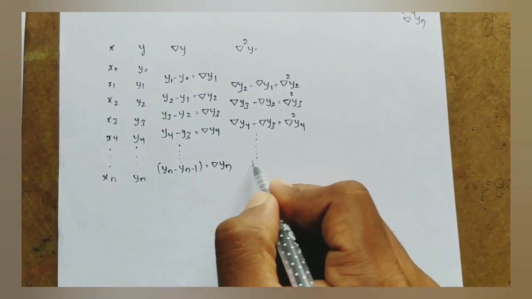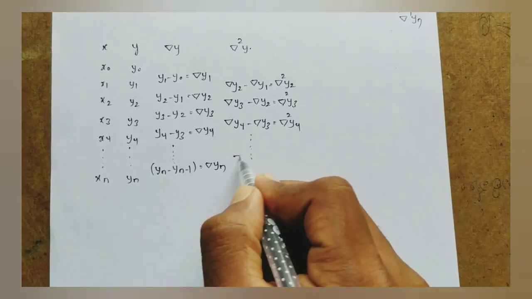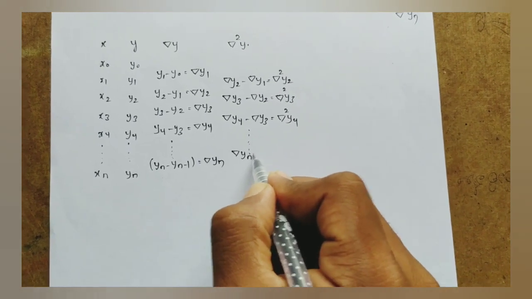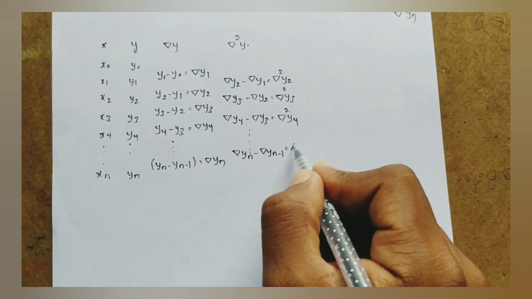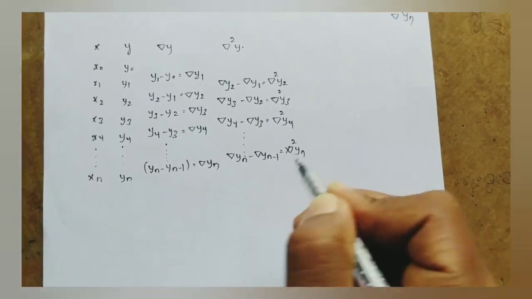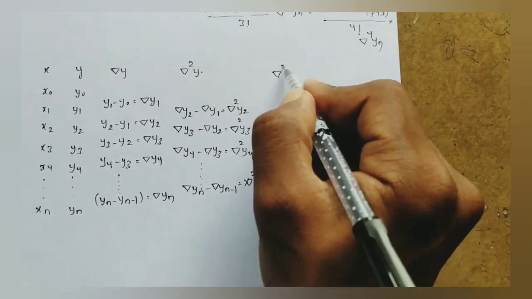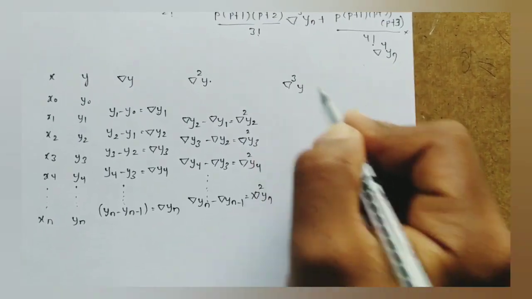Similarly finally the value of difference between del yn minus del yn minus 1 gives the value of del square yn. Similarly we can find out the del cube y value.